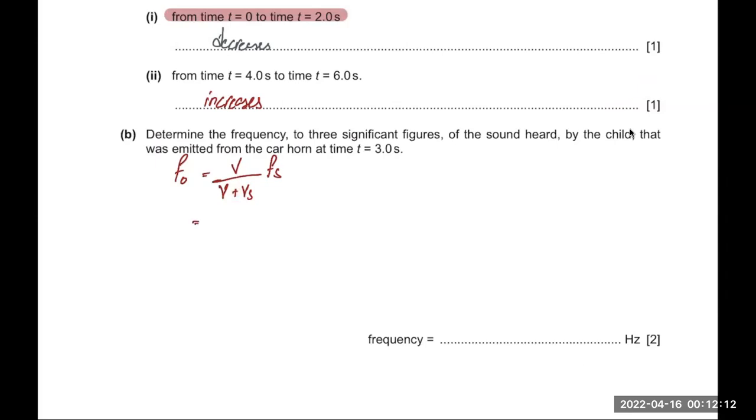V is the speed of sound, which in this question is 338. Vs is the speed of the source, the toy car, which we got from the graph, 12 meters per second. Fs is the source frequency, the actual frequency, which is 925.